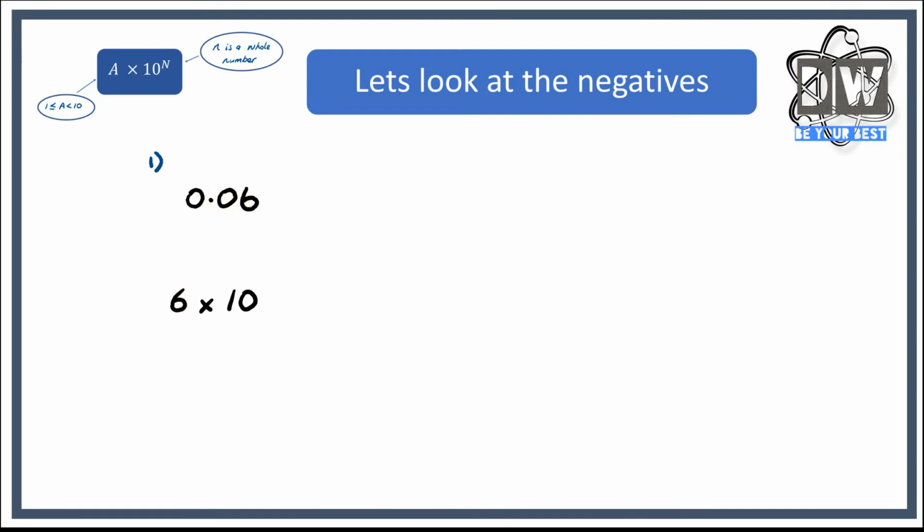Now, this is the negative, so our answers are going to be negative. What I want you to have a look at is that I'm taking this number, which is 6, and I'm going to make it into this number, which is 0.06. So in reality, this decimal place has moved 2 spots to the right.